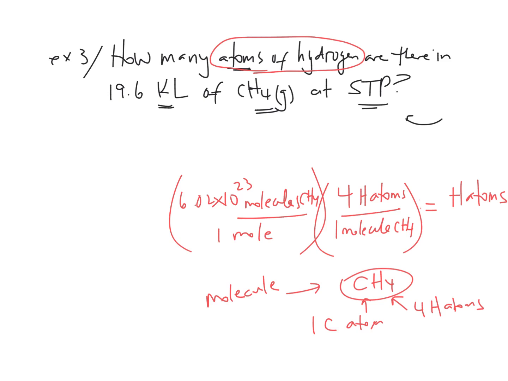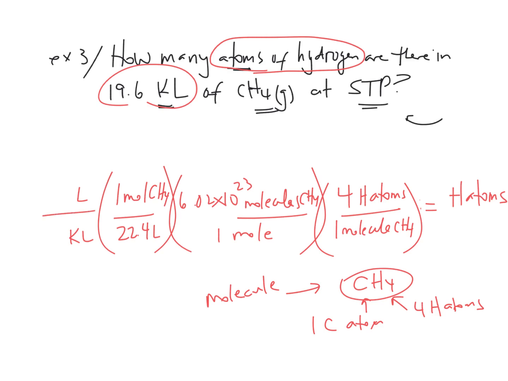Which means we have to somehow get to moles. So, how are we going to find out how many moles there are? Well, in 1 mole of methane, and this is where it comes in that it's a gas at STP, we know there's going to be 22.4 liters of the thing, okay? Which means we had to have gotten to liters. And here we go. We have the thing in kiloliters, so we just have to convert to liters. So how many liters in a kiloliter?